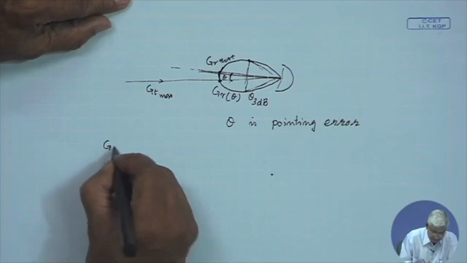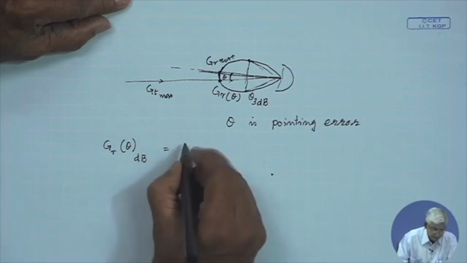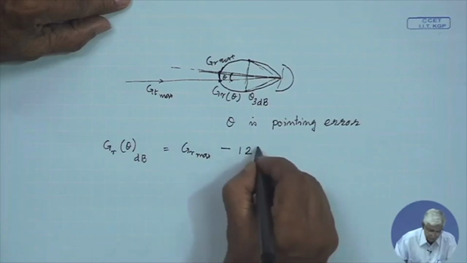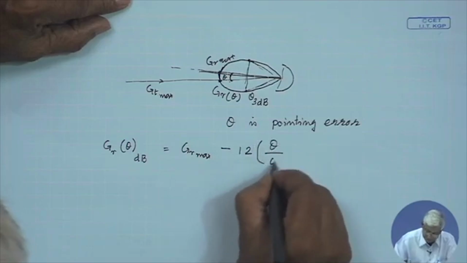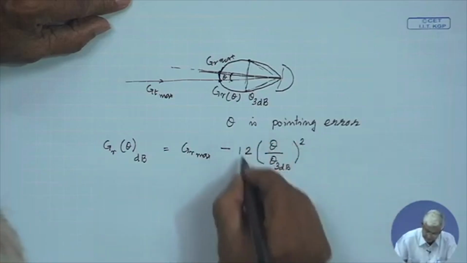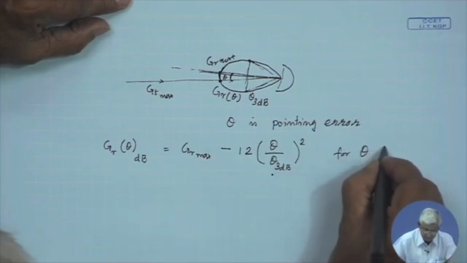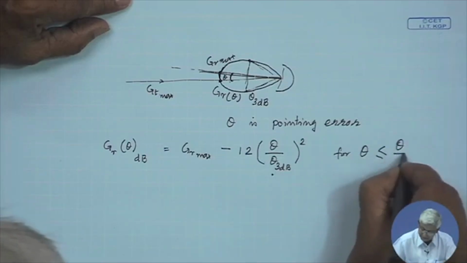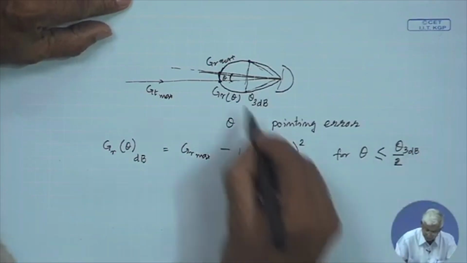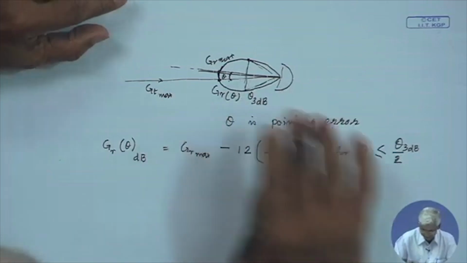This model says that the GR theta value in dB is GR max value minus 12 times theta by theta 3 dB, squared. Now, this part is valid for theta less than or equal to theta 3 dB by 2, for small angles. For angles larger than theta 3 dB, it may not be.